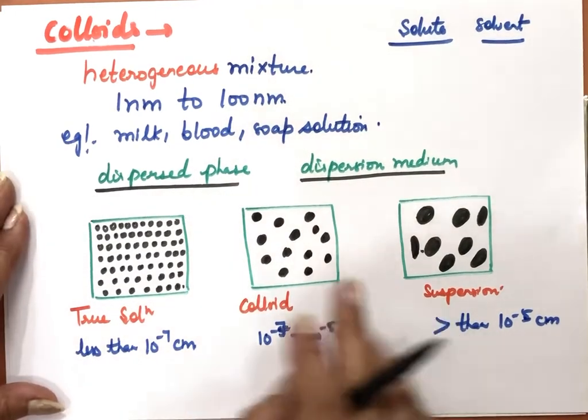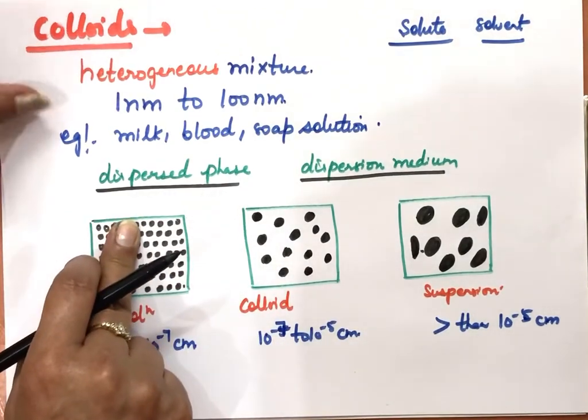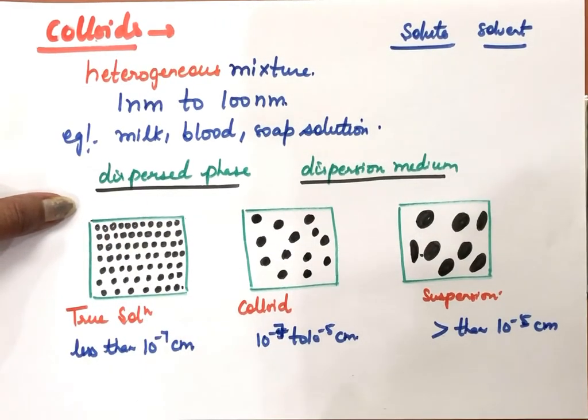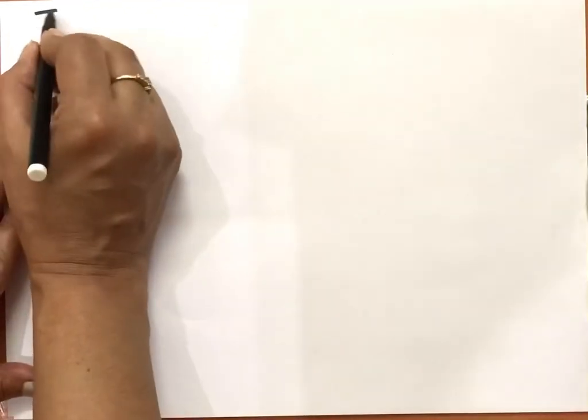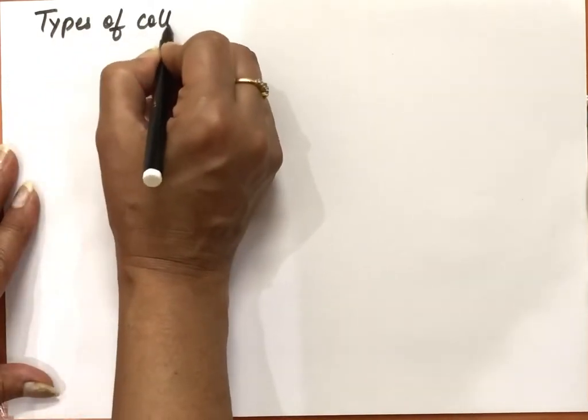Now, after this, we are doing the types of colloidal solution. These are further of 8 types. First, we have done solution, which is true solution, colloid, suspension. But colloids are further of 8 types. And this is a very, very important topic. Types of colloidal solution.